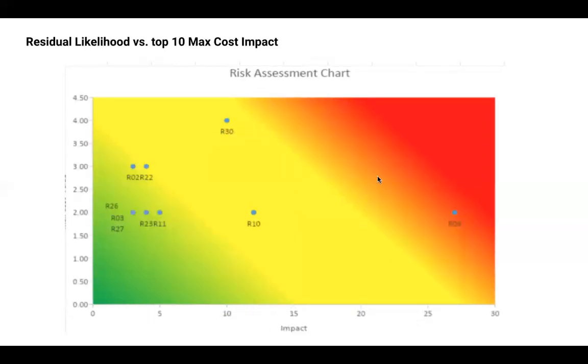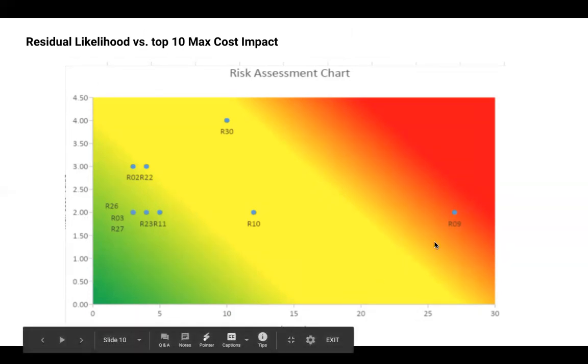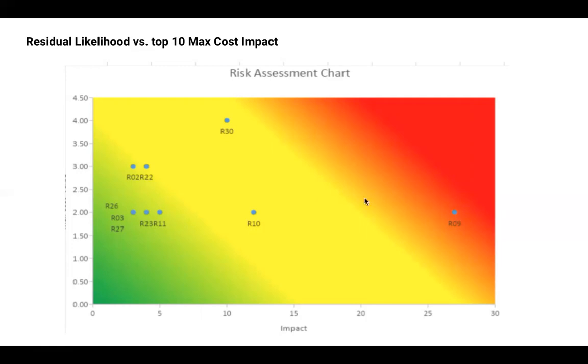And this is a similar chart, and this focuses mostly on cost impact and residual likelihood. And what you're seeing is a similar layout, and again, risk 9, infestation is closer to being cost impactful and more in the danger zone, as we would call it.